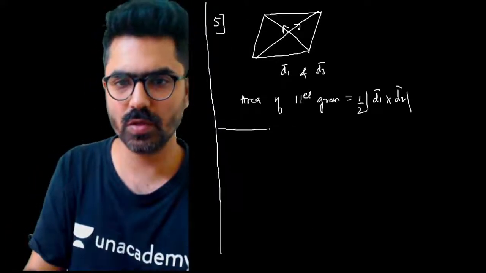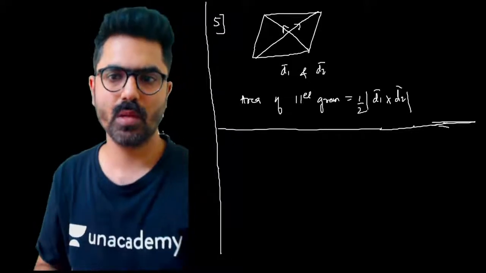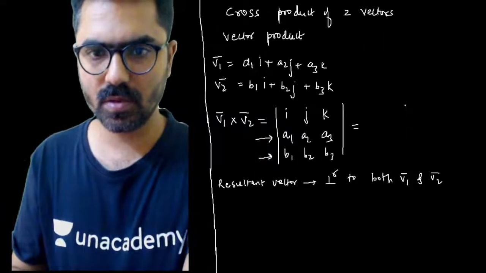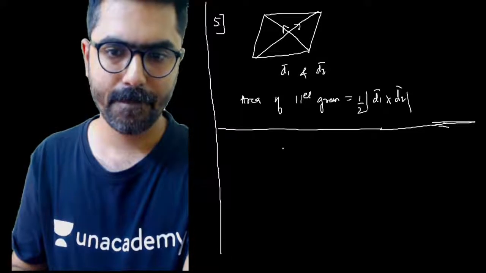Till now I think you have understood very well. Let's take an example and find the area of a triangle using the cross product.